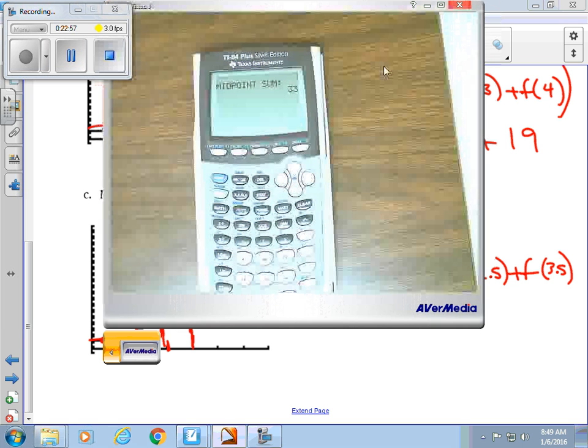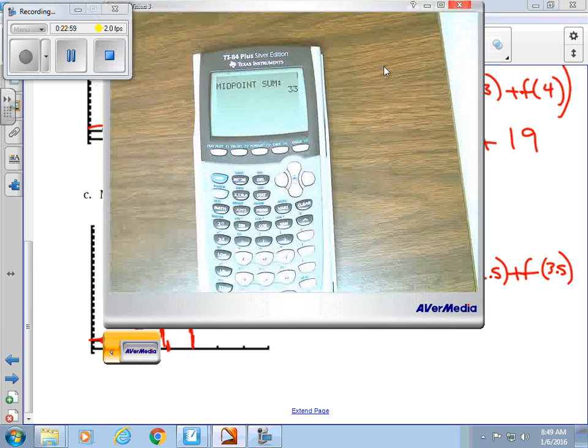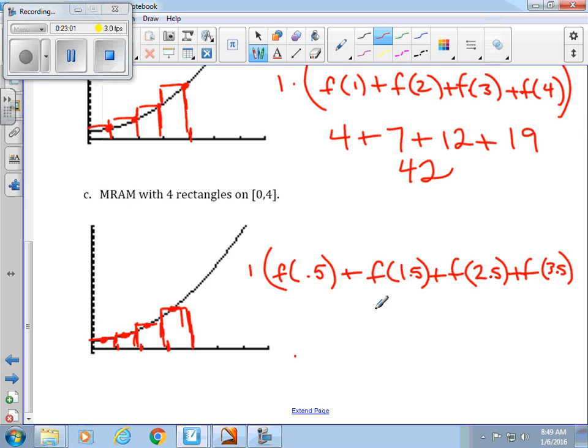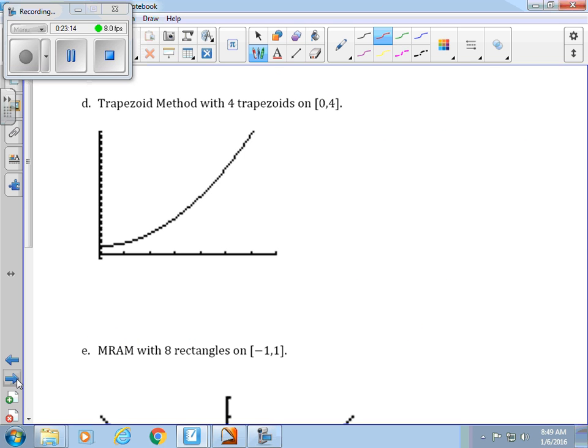So pretty cool program, does amazing things. AP knows it's out there, so they don't put these on calculator problems very often, if ever. But it's good to know that it exists. Like I said, you will always want to be able to draw the rectangles.